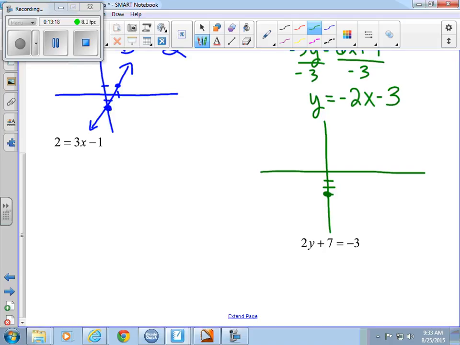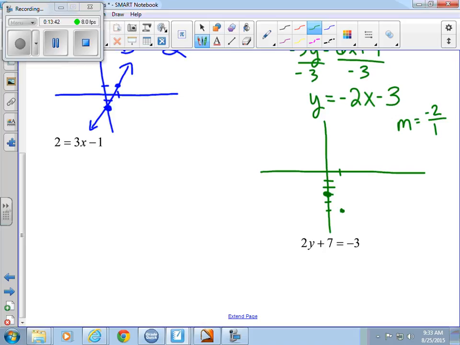I'll plot that. The slope is -2. -2 over what? 1. Since it's -2 over 1, I'm going to go -2 down. Right? So I'm going to go 2 units down and then 1 unit to the right.